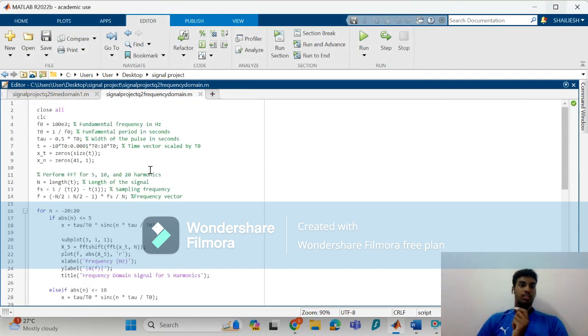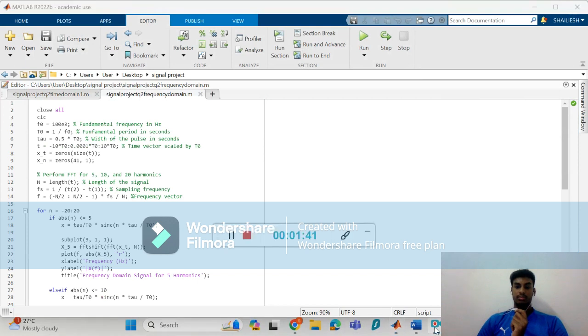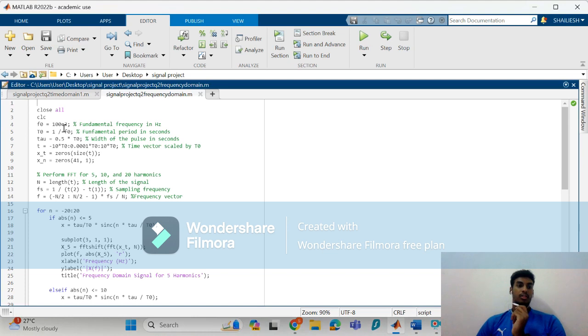For the next coding, this is for our frequency domain. The same goes for the value of f0, which is 100 kilohertz, and the value of T0 is 1 over f0.